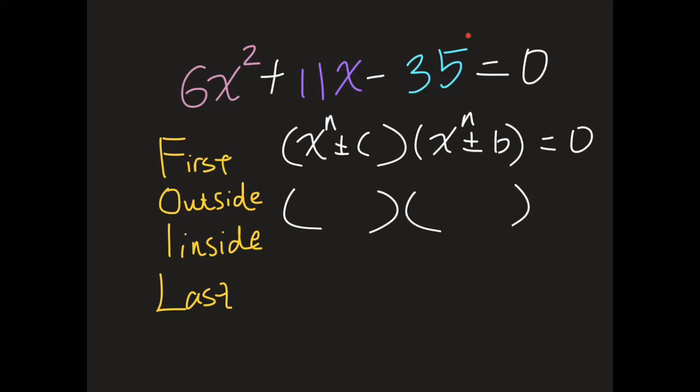And also, you know that the minus 35 is equivalent to the last. Why? Because the last part is the only part that involves a constant, and 35 is a constant, obviously. There is no division, which means the variables will not cancel out.